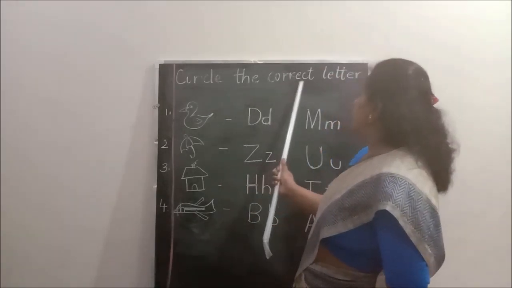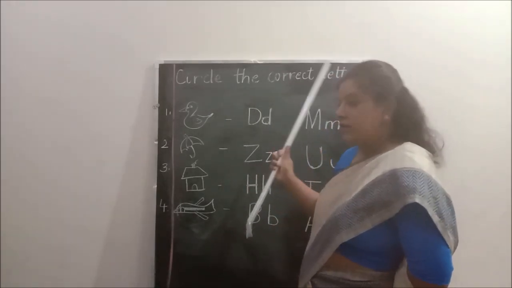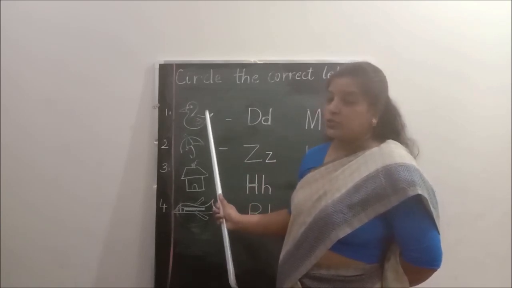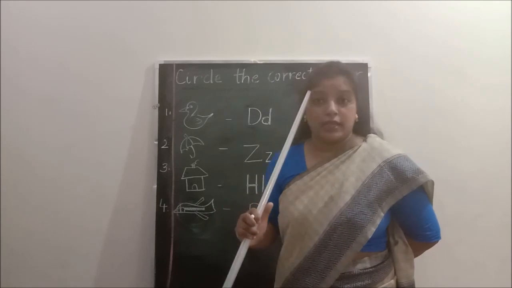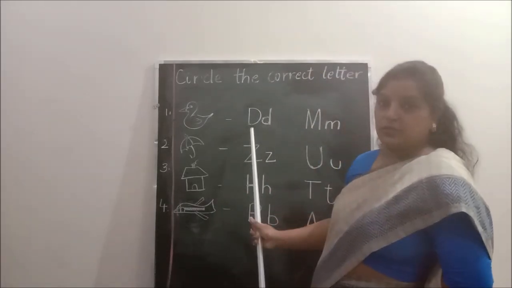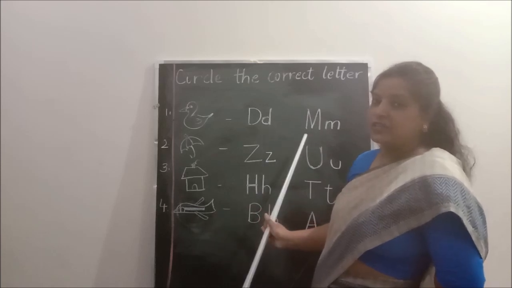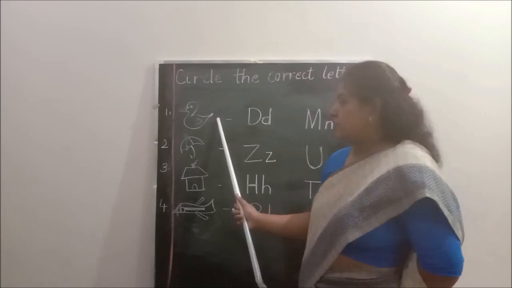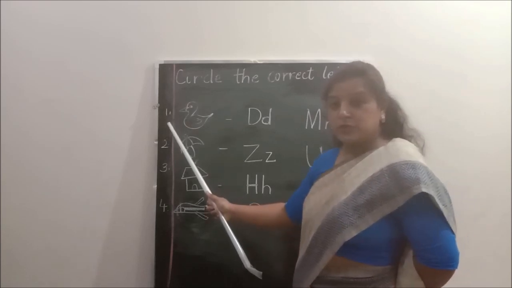Circle the correct letter. Here I will give you one picture and you have to think which letter the picture starts with. I have given you 2 alphabets. Which alphabet is correct for this picture? Is that clear? So let's start with our first picture.